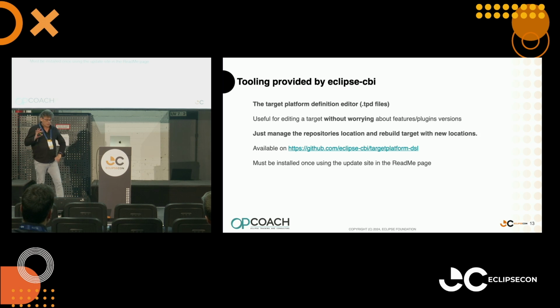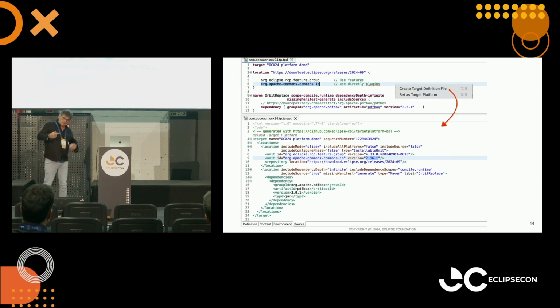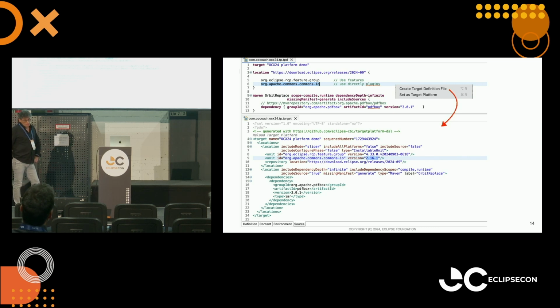I guess everybody knows this tooling, but there are some new features inside, and since maybe 2 years, you can include the Maven artifacts directly in the TPD file here. So from the TPD file, you can generate the target file.